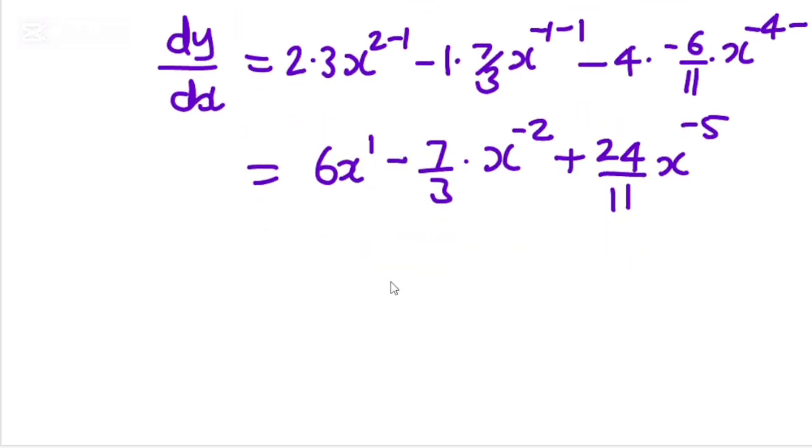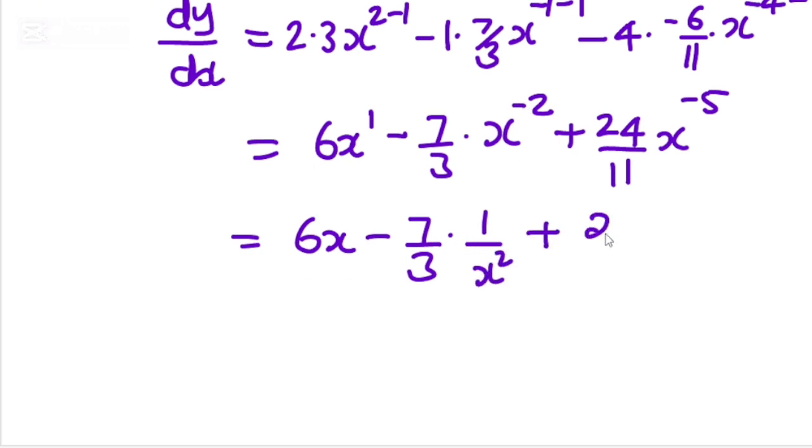So taking the negative powers to fraction, we are going to have 6x, because here x has been raised to 1. Any number raised to 1 is the number itself. So we have minus 7 over 3 times 1 over x squared, then plus 24 over 11 times 1 over x to the 5th power.